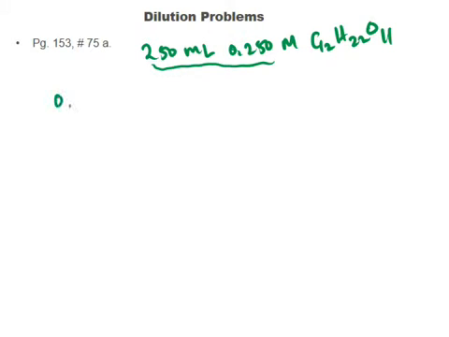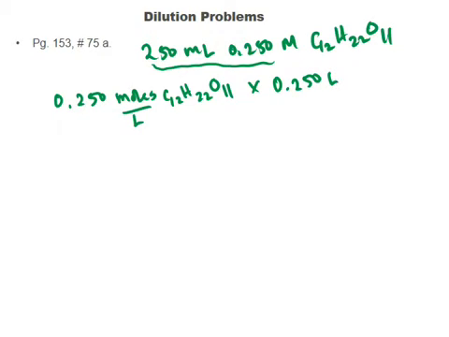So 0.250 moles of C12H22O11 per liter, times the liters, because that gives me the moles that you need to add. Now I have 250 ml, so divide by 1000, so that would give you 0.250 liter.